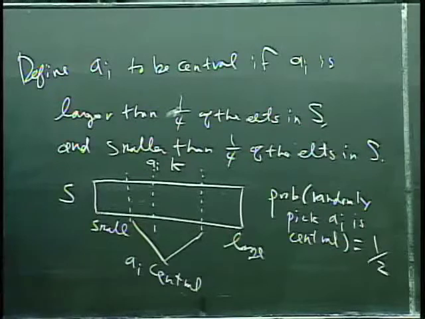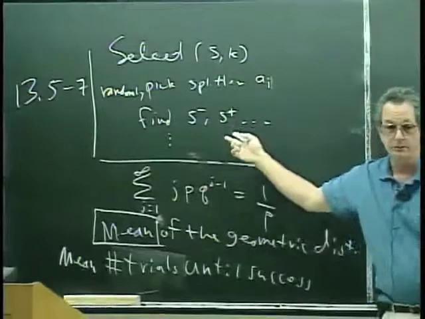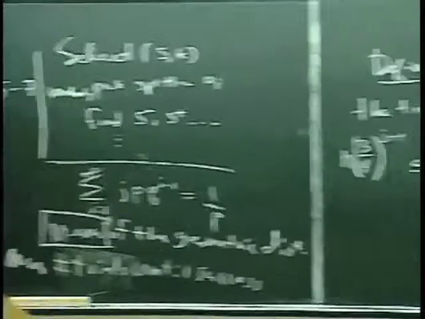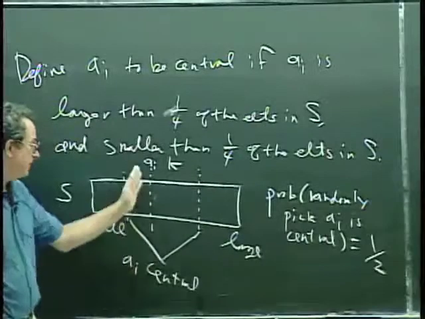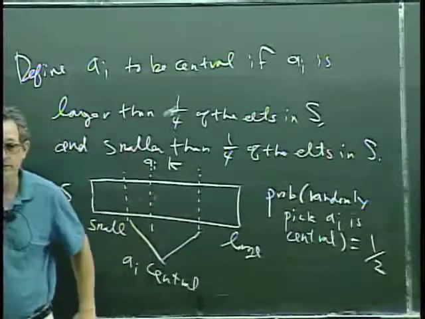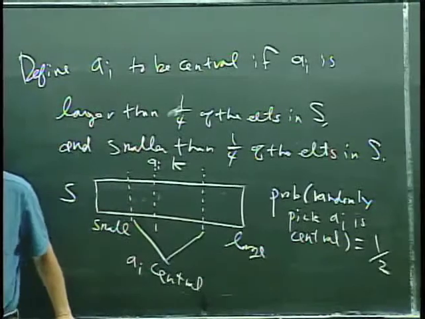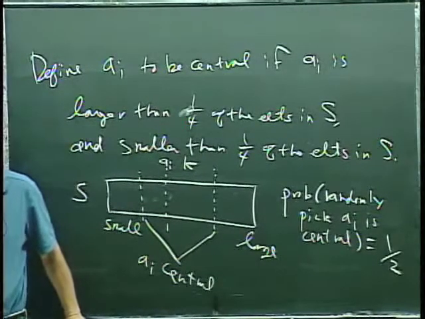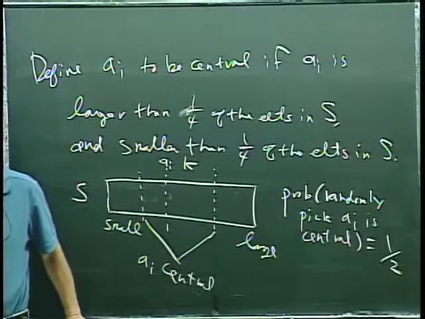You're recursing either on S minus or you're recursing on S plus. So you're recursing on the elements that are smaller than a_i, or you're recursing on the elements that are larger than a_i. Okay? So if it's central, what can you say about how many elements you're getting rid of? That is, how much smaller is the set that you're recursing on than the set you're working on?